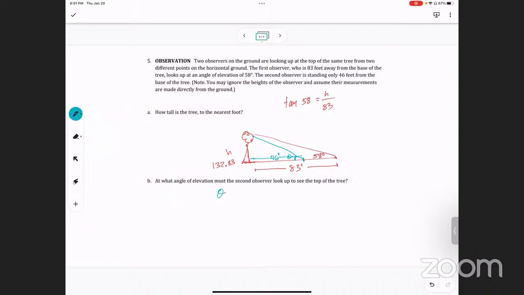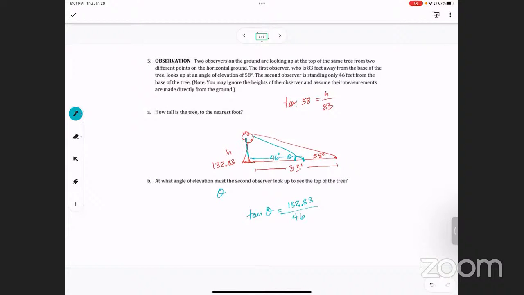We can find that by doing the tangent of theta equals 132.83 over 46, not 83, because he's only 46 feet away, not 83. Yeah, we're looking at the blue triangle now.